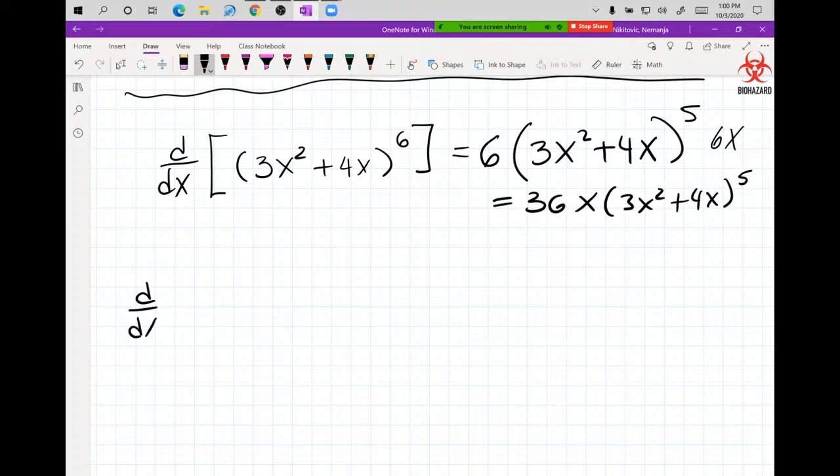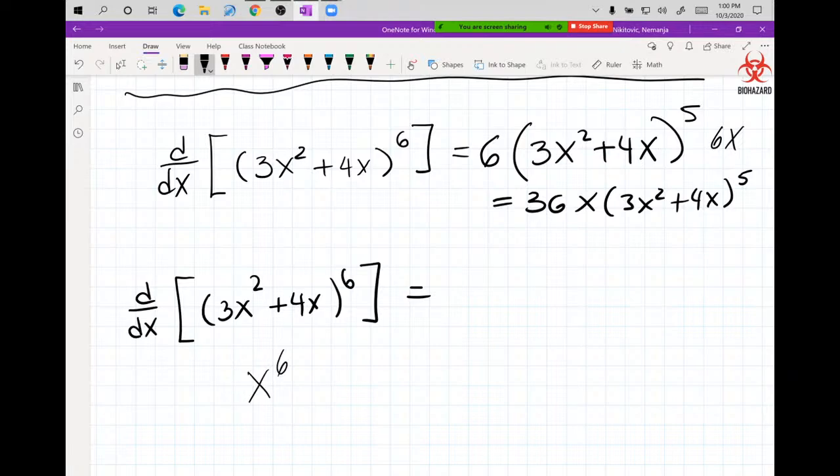The way I do most of this in my head is like this. What I see is technically some x to the 6 over here. Do we all see that f is x to the 6? At this point, I have to say you better see that this is x to the 6. And then g is the one that it's plugged inside, like that. Right?